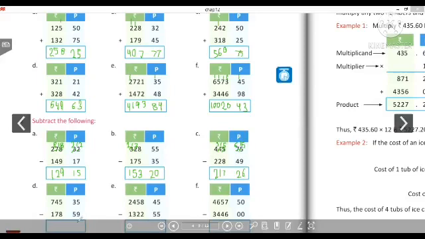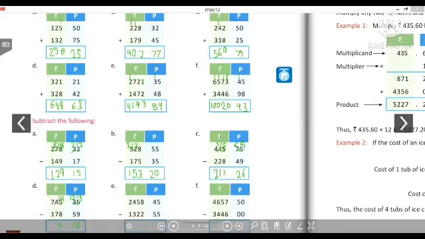Next, 15 minus 9 is equal to 6, right? This is 2. So again we have to take borrow. 12 minus 5 is equal to 7. 14 minus 8 is equal to 6.